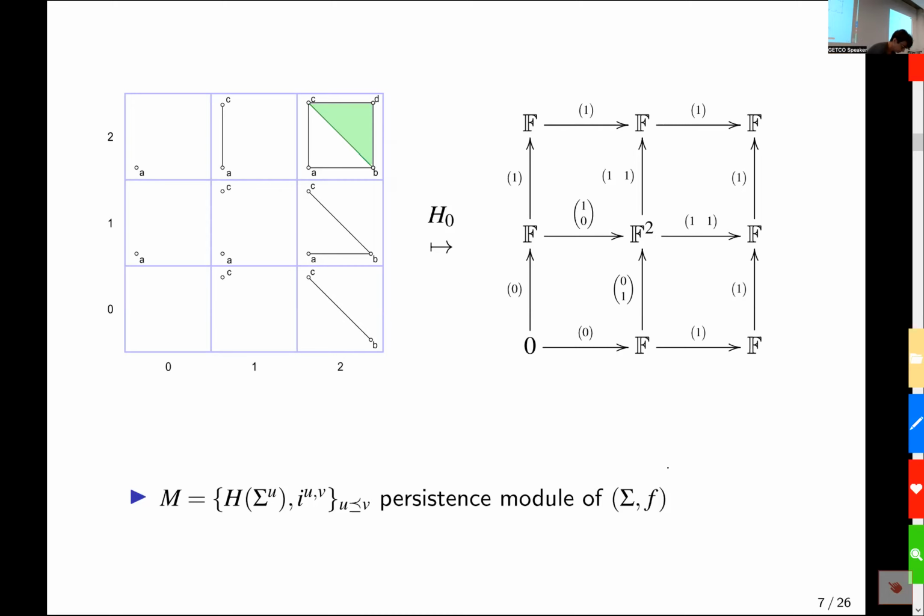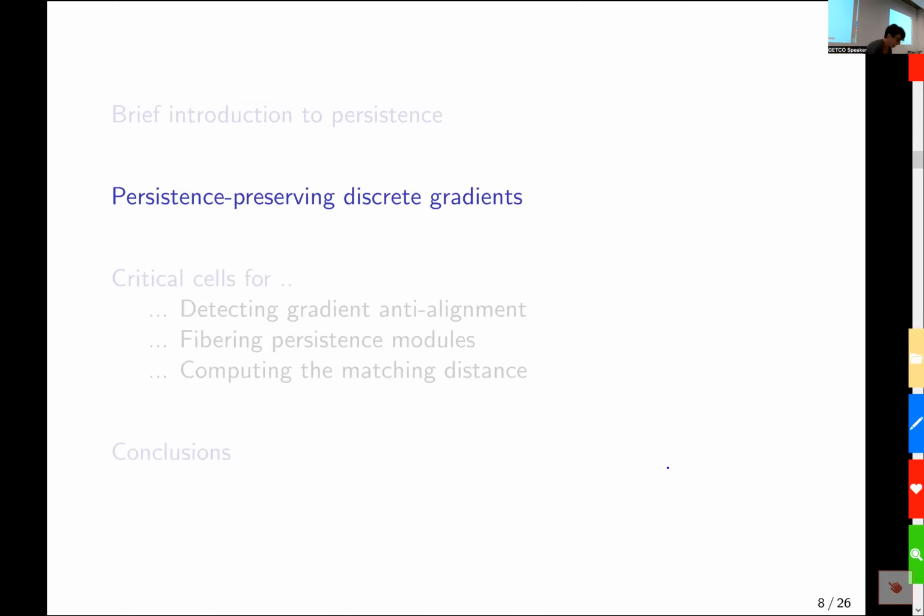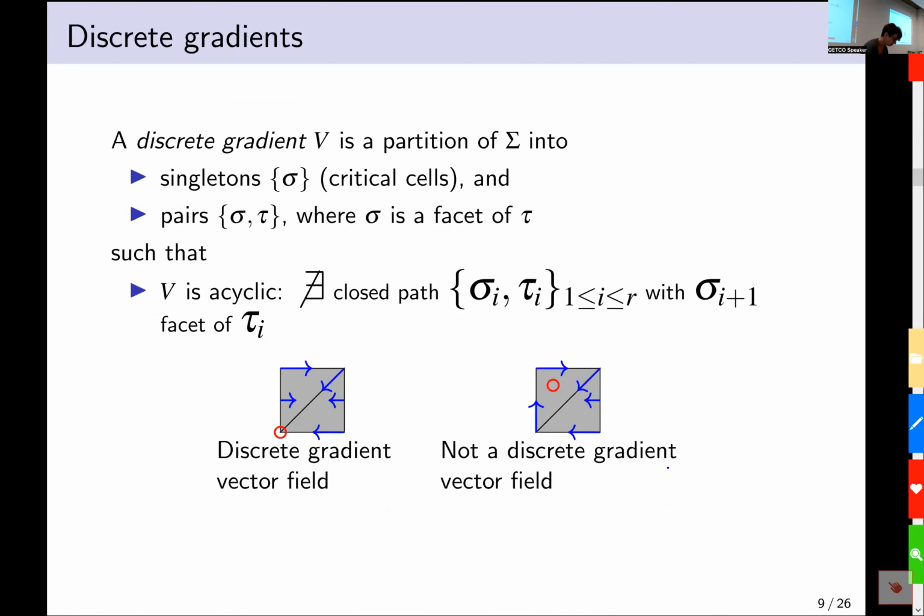So I'm trying to show you that discrete Morse theory allows us to summarize it a little bit. First of all, I'm using the same notation as Thomas previously, so that for me a discrete gradient V is a partition of the simplices into two families.